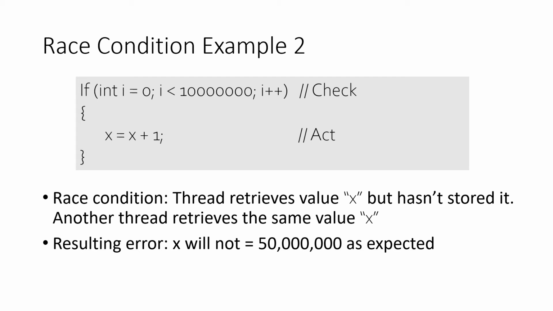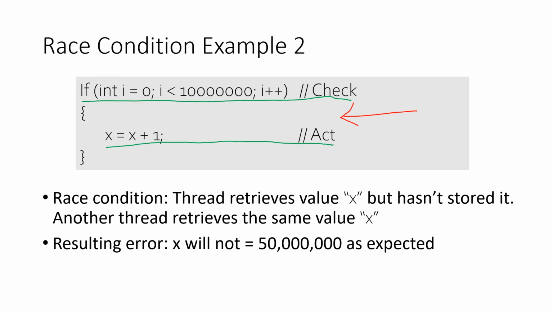Okay, so let's look at another example that is similar in the fact that it has the same check and act, but it behaves a little differently here. In this one, we have our check here, and then our act. So it's executed, and of course, this is where our race condition would occur.